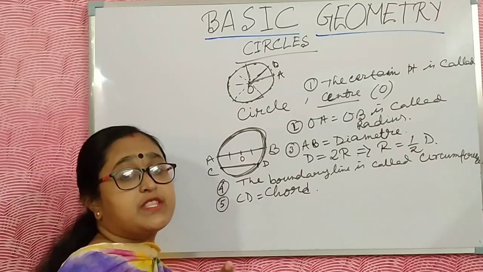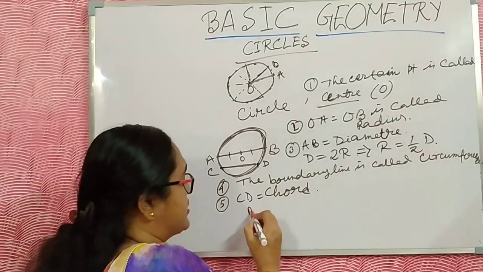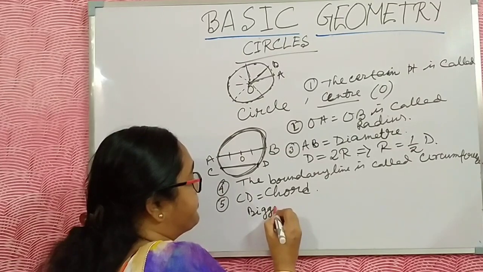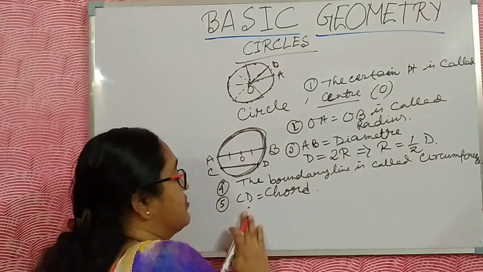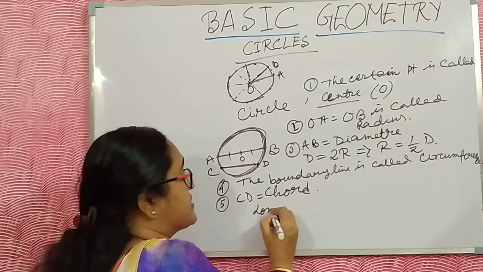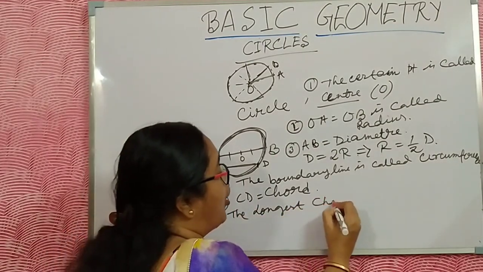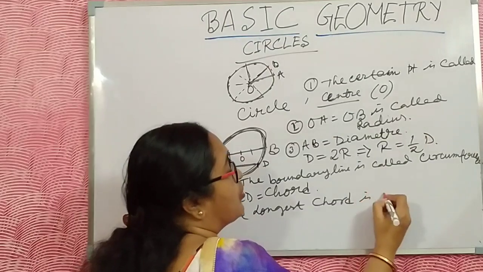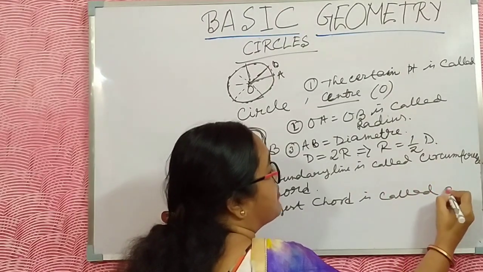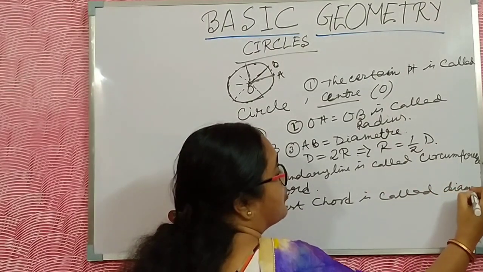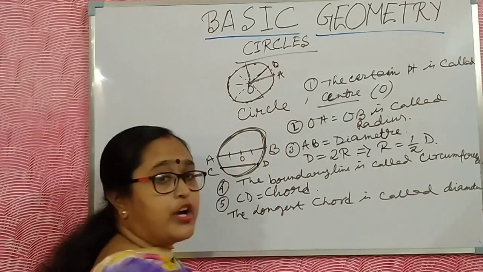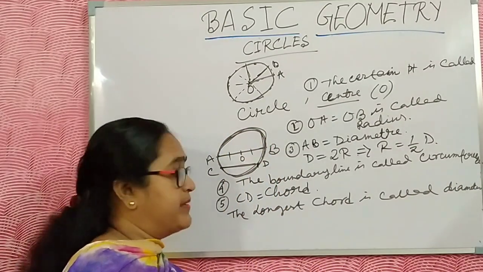The biggest chord of the circle is the diameter. This is very important. Biggest or longest. The longest chord is called the diameter.